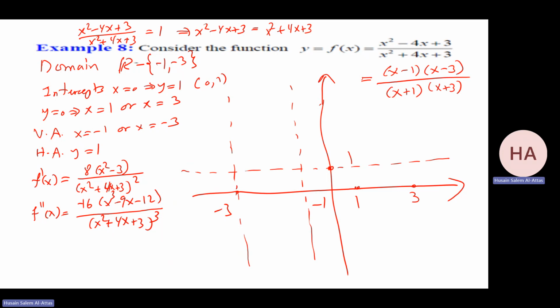Yeah, very clear. So you have what? X equals 0. Yeah, because this is cancelled. So you have 8x equals 0 or x equals 0. Okay, so it will be crossed here.